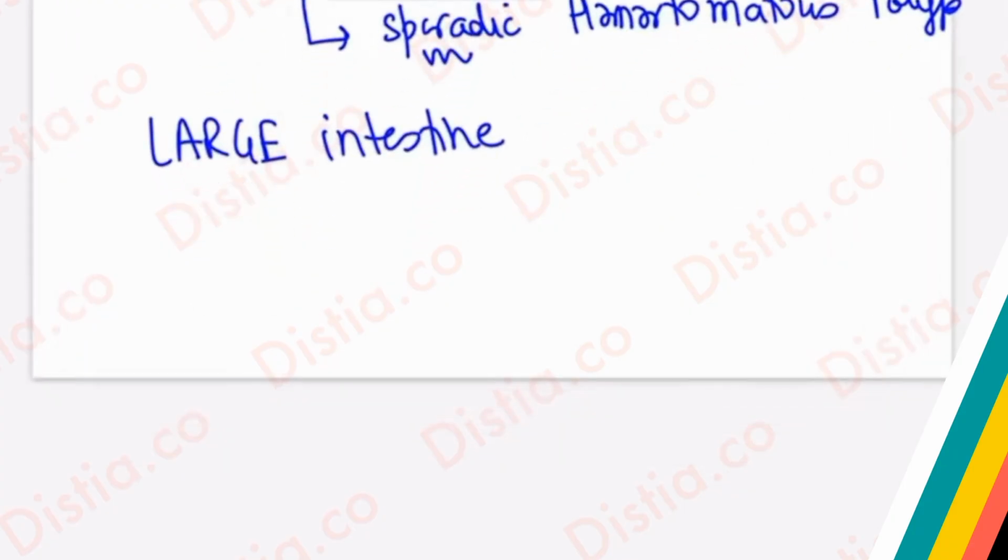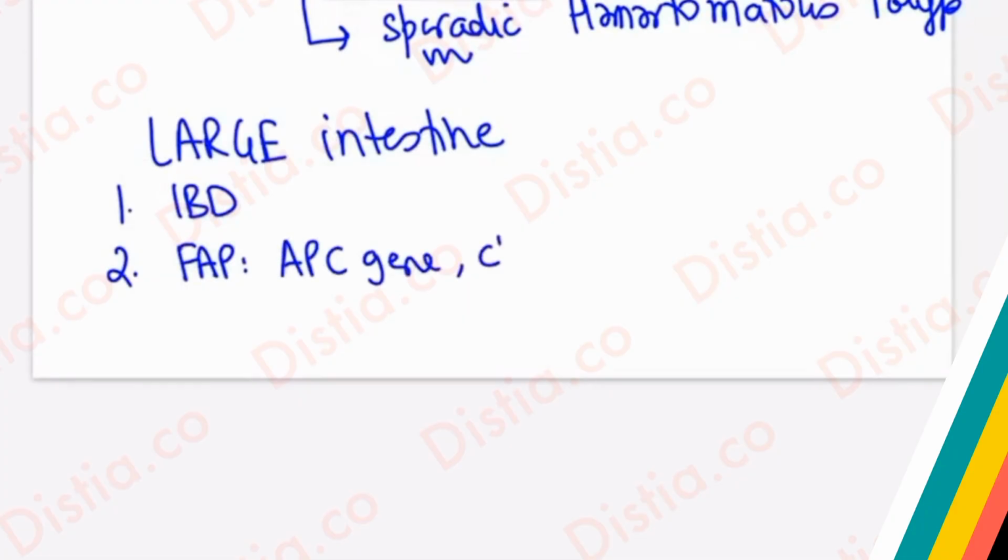I will now be mentioning pre-malignant conditions related to the large intestine, where the first one on the agenda would be familial adenomatous polyposis. You see, inflammatory bowel disease is anyway a pre-malignant condition, you know, but they love to ask about FAP, which will be related to the APC gene localized to chromosome number 5.